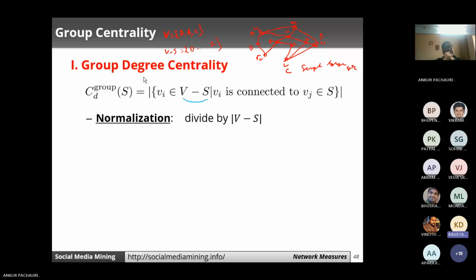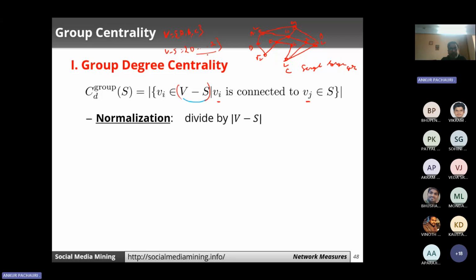Here the definition is a little bit tricky. It's not very clear. It says that Vi belongs to V minus S. That means Vi belongs to V but not in S, and Vi is connected to Vj, where Vj belongs to S. So degree centrality such that Vi belongs to V minus S means one of the nodes belongs to the other set V minus S, such that Vi is connected to Vj.